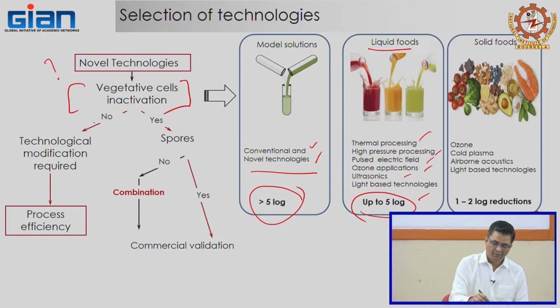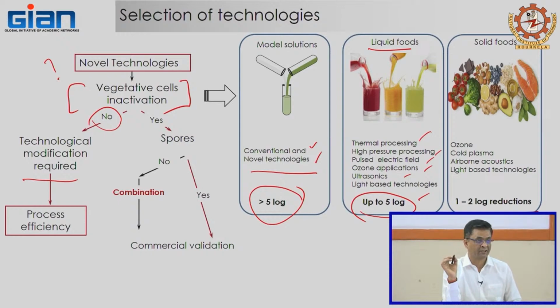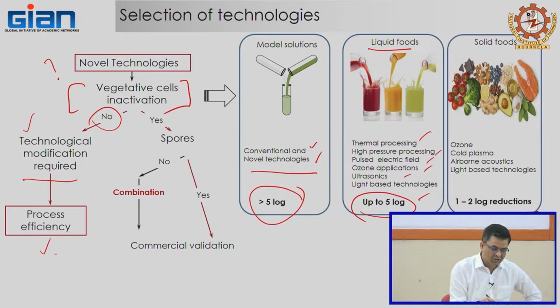Now, if vegetative cells cannot be inactivated, then you need to modify the technology you are using. That's one. If you achieved it, then you have to determine the process efficiency, how efficient it is in a real food situation, and what the impact is on your nutrients, cytotoxicity, and biological activity. Then you establish this technology to be used for that purpose.